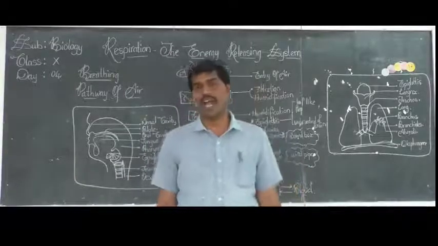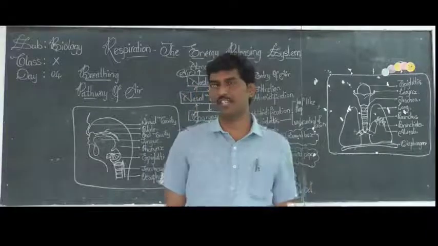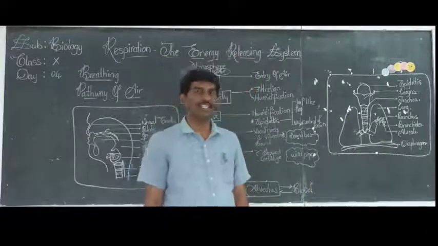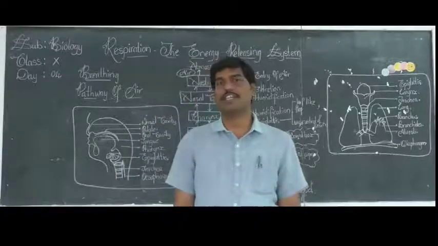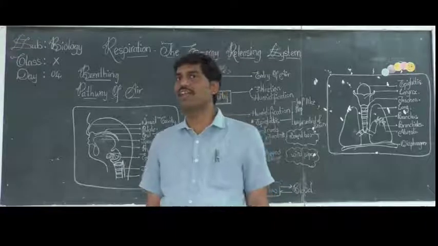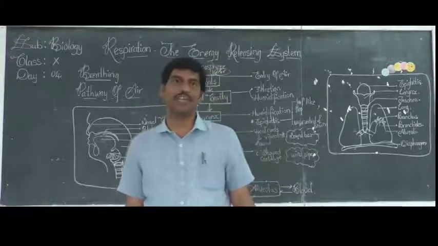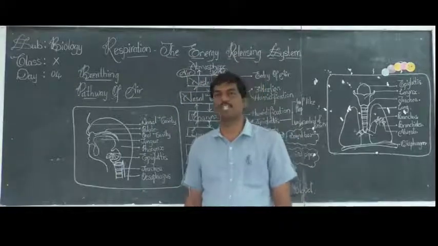Can you name what those are? Yes, the first one is breathing. What about the next? Gas exchange at lung level, the third one is transport of gases by blood, the fourth one is gas exchange at tissue level, and the fifth, final one, is cellular respiration.